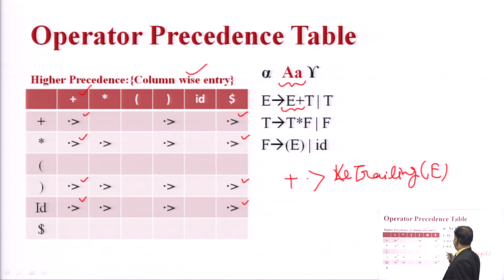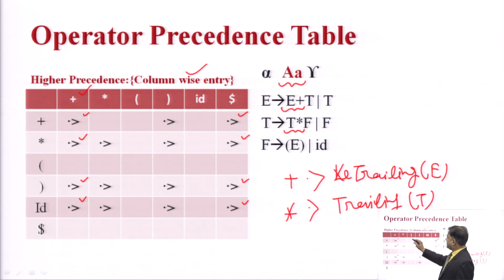Similarly, next is T star, that means star has higher precedence over the trailing of T. So, star is here and fill all the entries with the higher precedence with the trailing of T. Trailing of T is star, closing bracket and ID.